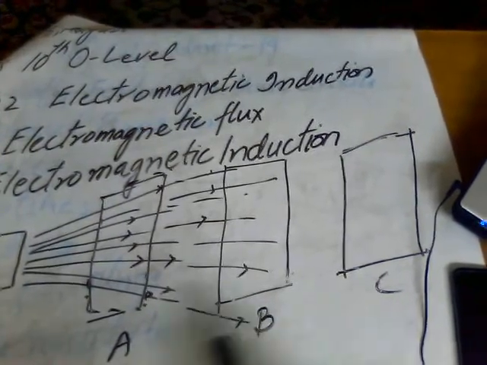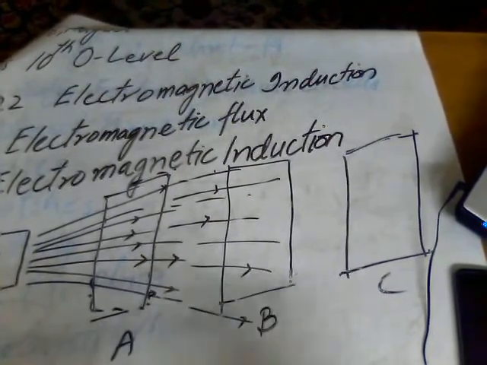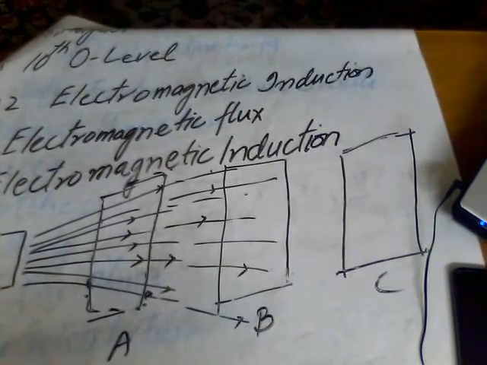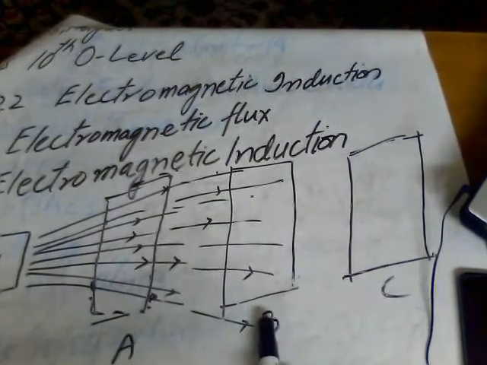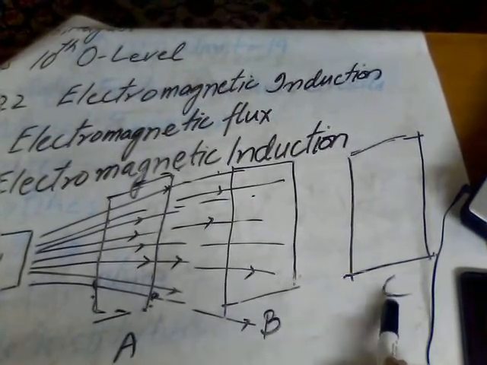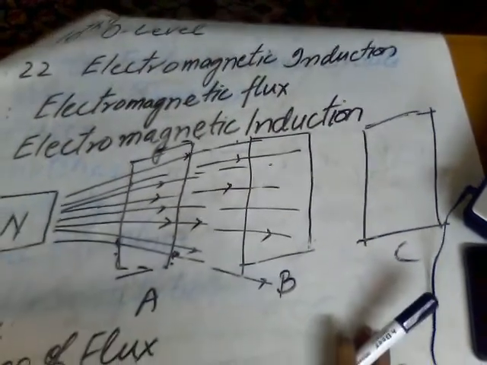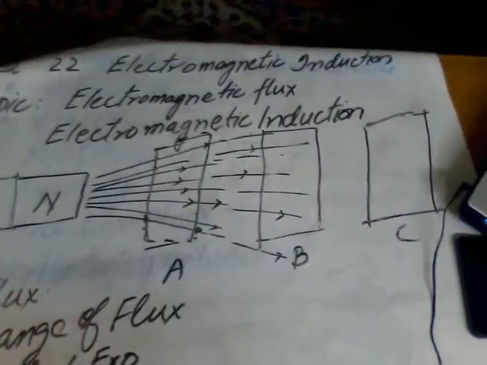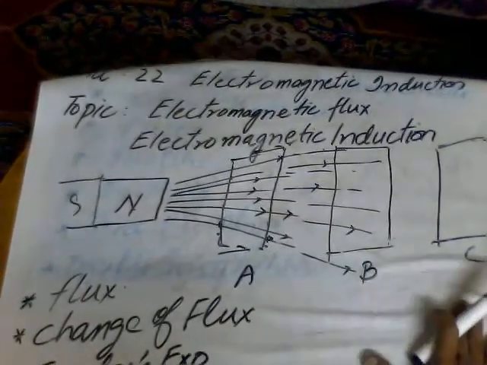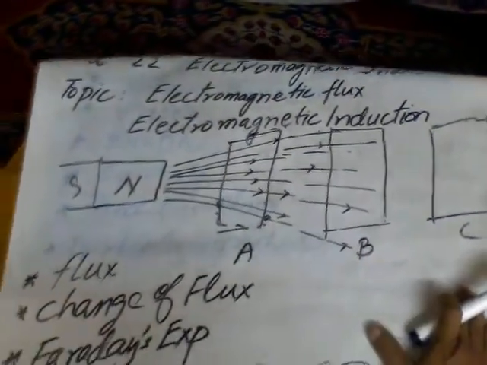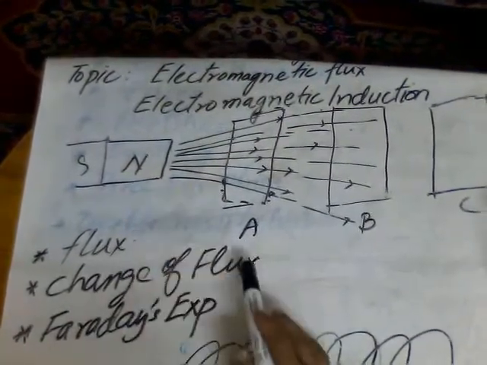Is it clear? Flux depends upon the number of magnetic field lines passing through a certain area: maximum flux, reduced flux, and zero flux. So two things we have learned: what flux is and what change of flux is. Here we have changed the flux.